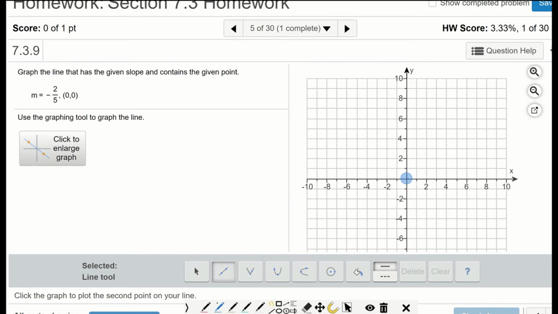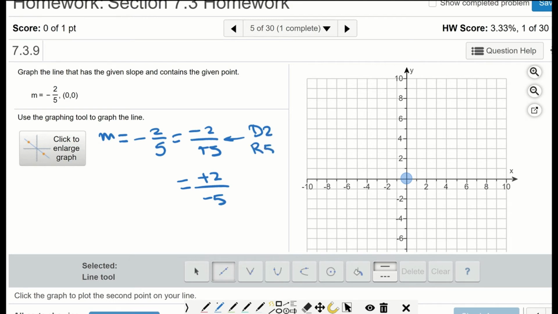In this case, notice that the slope is -2/5, which can be written as -2 over +5, or as +2 over -5. So to get to another point on our graph, we can either listen to this one and go down 2, right 5, or we could listen to this one and go up 2, left 5.